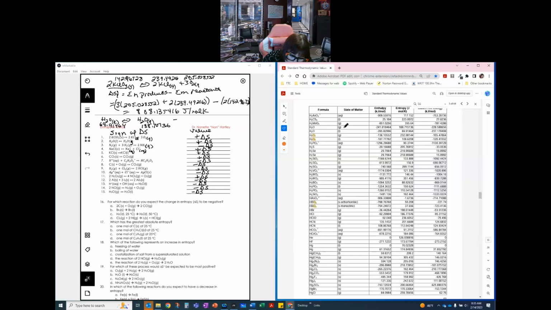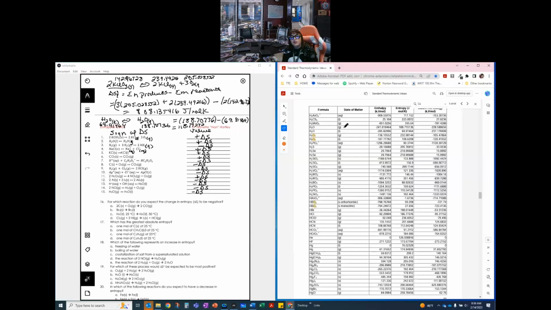And so if I were to do products minus reactants again, 188.70736 minus 69.91464, because I have 1 mole each, that gives me 118.79272.